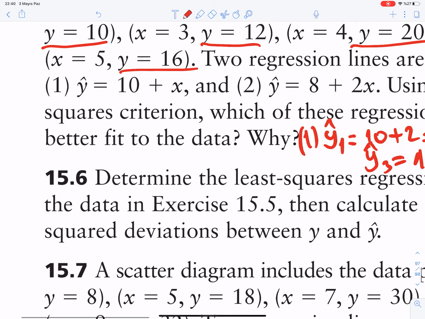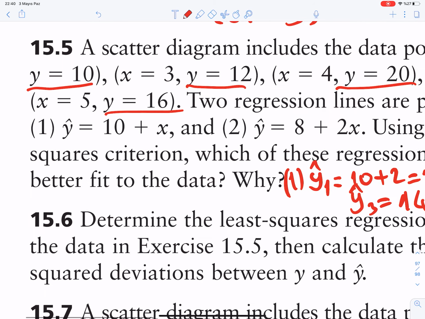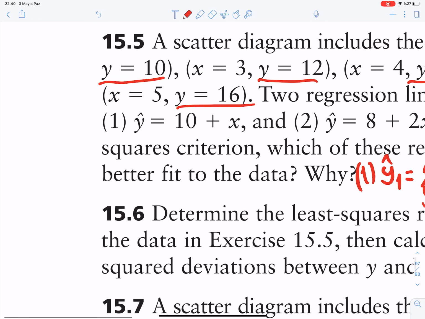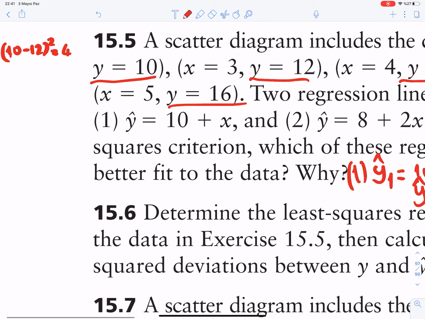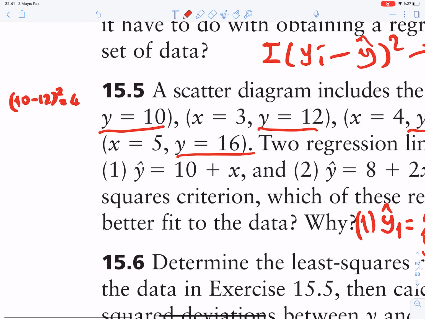The first predicted value is 12 and the actual value is 10, so 10 minus 12 squared becomes 4. The next one is 12 minus 13 squared, which becomes 1.